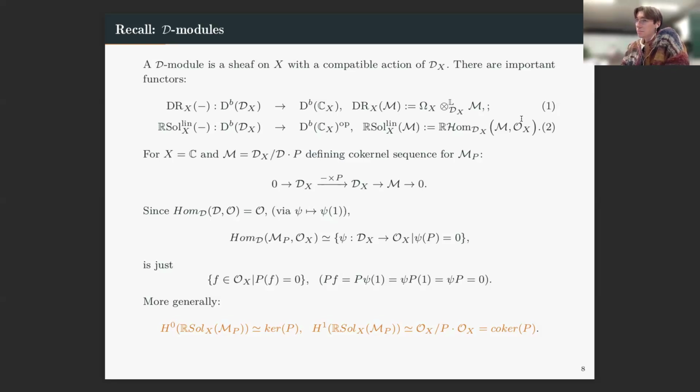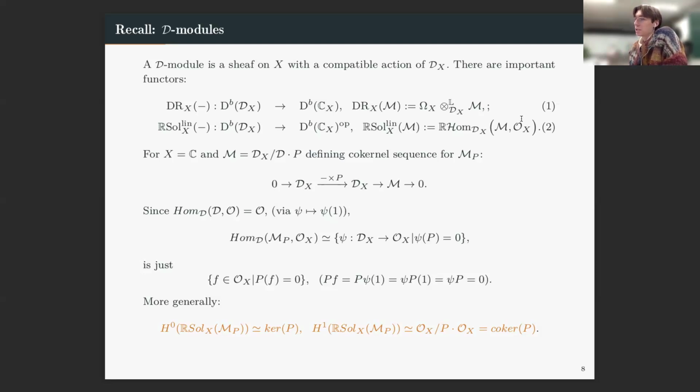Usually, if you have some operator P, you can study a D-module as defined by some cokernel sequence. And then it's really viewed as the representing object for this D-linear Hom functor, because if you evaluate it on, let's say, the structure sheaf, it annihilates the operator P, or if you have an ideal spanned by multiple operators, it annihilates those, and this is really just a kernel.